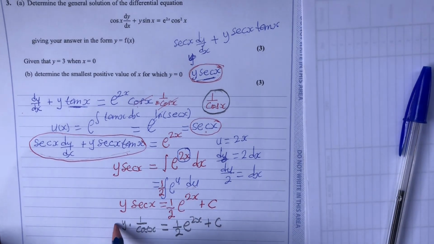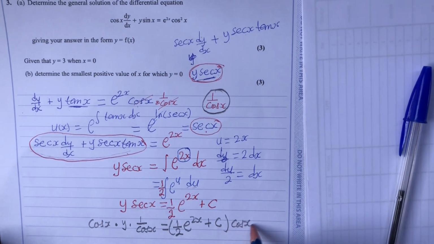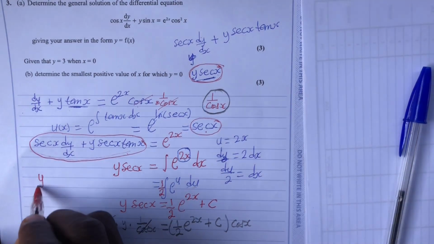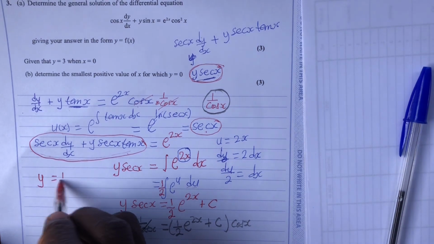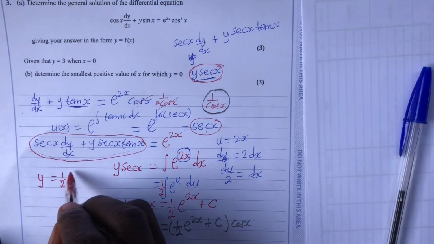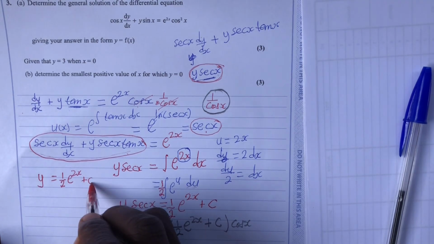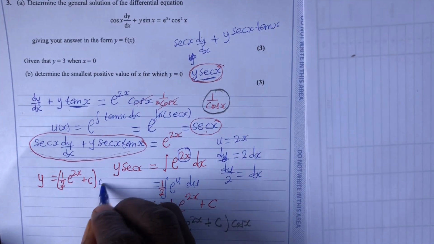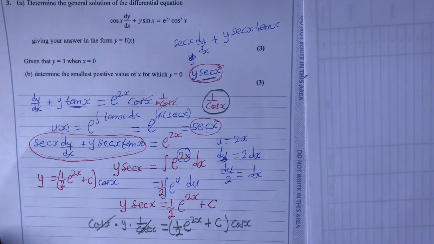So let us multiply each side by cosine of x so that this will cancel. Now we have our answer in the form y equals half of e power 2x plus c, times cosine of x, as y equals f of x.